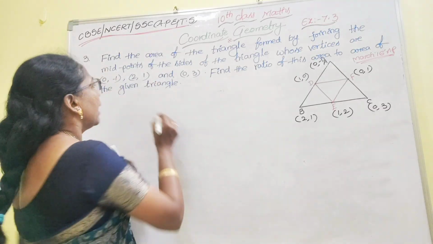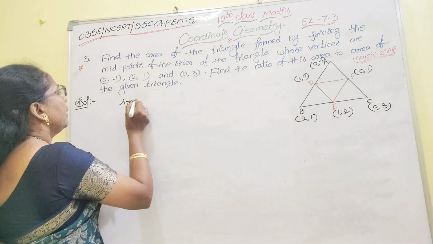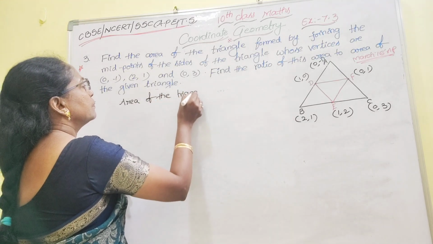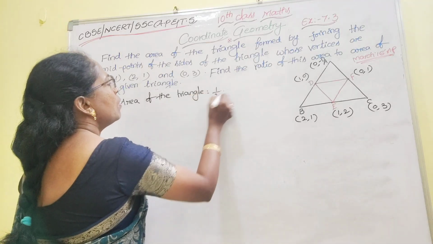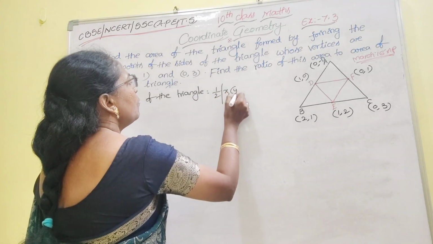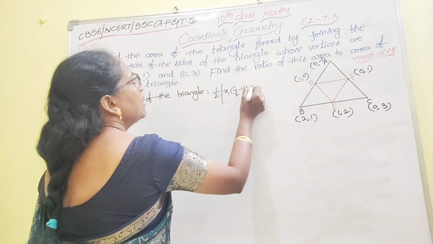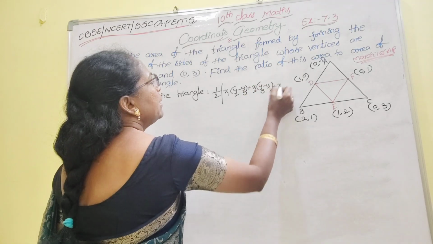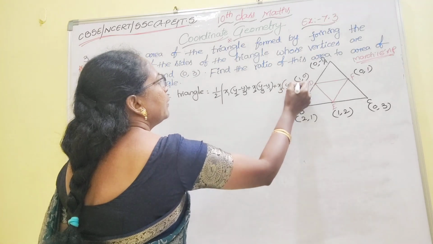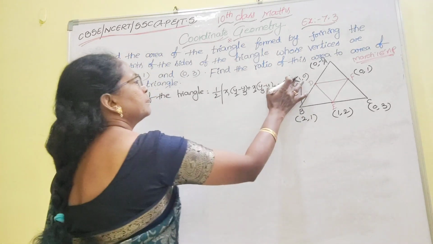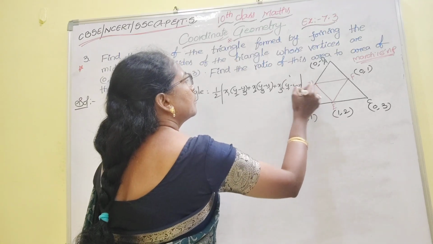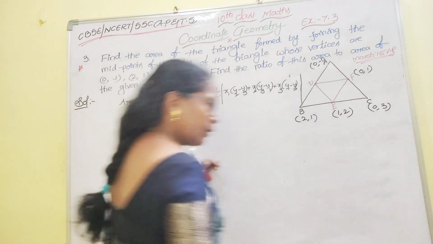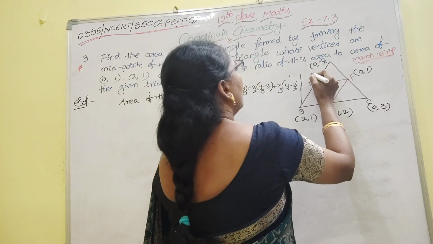Next, area of the triangle equal to half modulus of x1 into y2 minus y3 plus x2 into y3 minus y1 plus x3 into y1 minus y2. D value we got here is 1 comma 0.